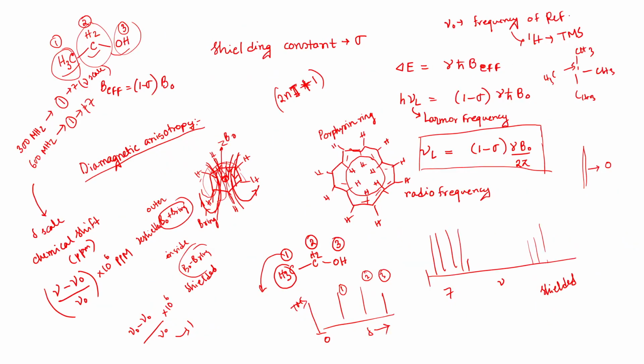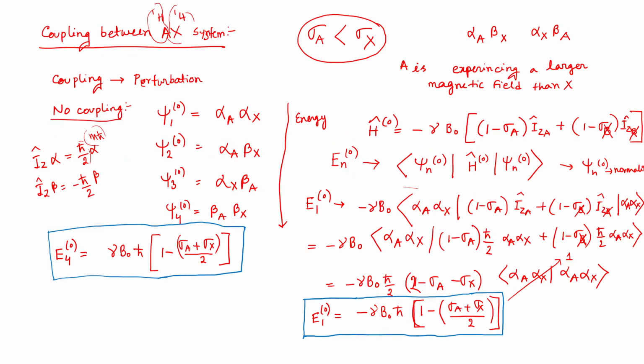Next we discussed what chemical shifts are, the effect of the electronic environment in shielding the nuclei from the external magnetic field, and what shielding and deshielding are. We also discussed what kind of reference we use in NMR spectroscopy, like trimethylsilane, TMS, in proton NMR as a reference.